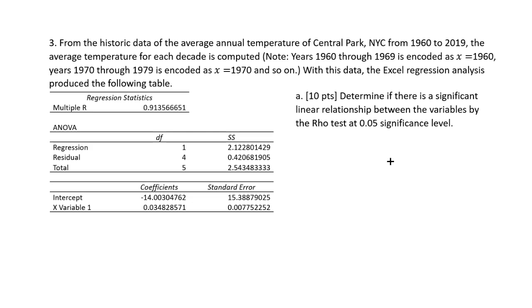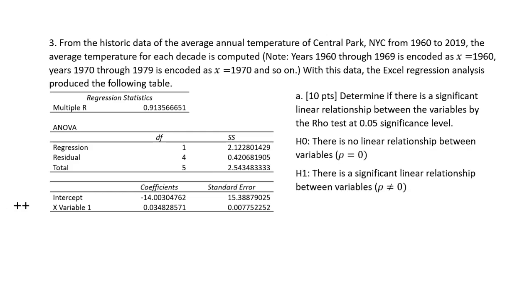Okay. All right. So determine if there is a significant linear relationship between the variables by the rho test at 0.05 significance level, and as we already have done one rho test before. The rho test requires the null hypothesis as having no correlation, rho equal to 0, and H1 as rho not equal to 0.